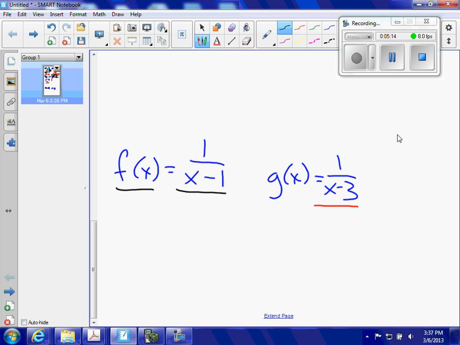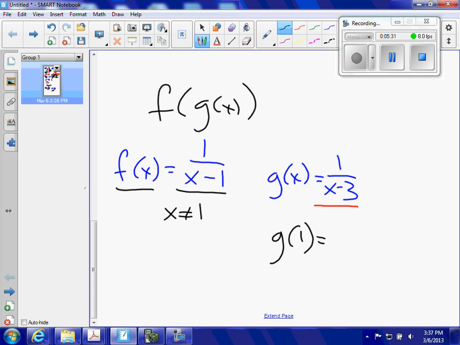So I know that with just f of x, I'm looking for f of g of x as my composite. For just f of x, x cannot be equal to 1. Well, let's try it in our composite. G of 1 is equal to 1 over 1 minus 3, which is equal to negative 1/2.